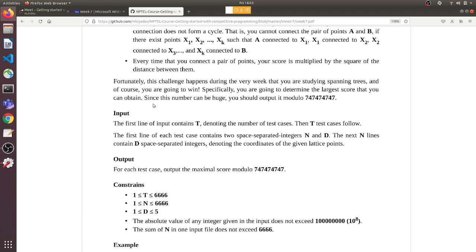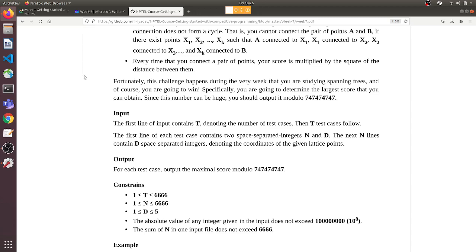For that we use the disjoint set union, and we check which sets they belong to, which we can do in order of 1. If they belong to different sets, then we take the union of those two sets, which, if we use path compression and union by rank, we can also do in order of 1.